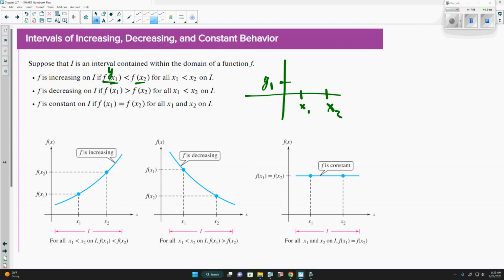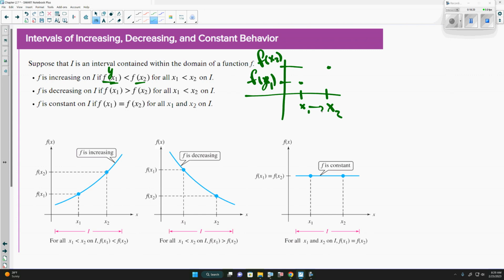So if this y value, f of x1, is less than this f of x2, if the first y value is less than the second one, and the first x value is smaller than the second, it has to be going up.